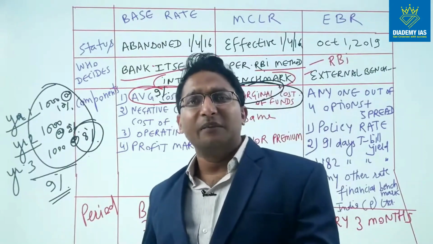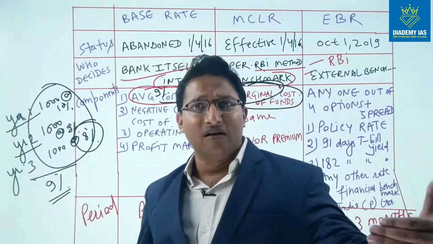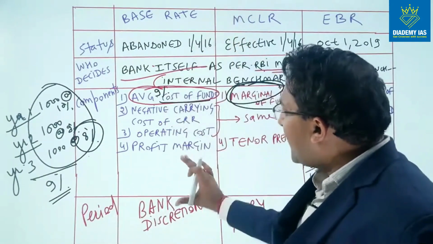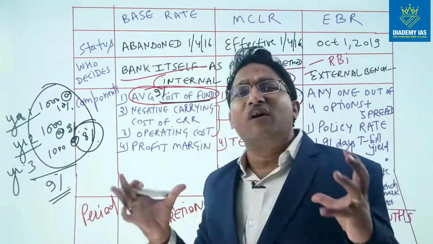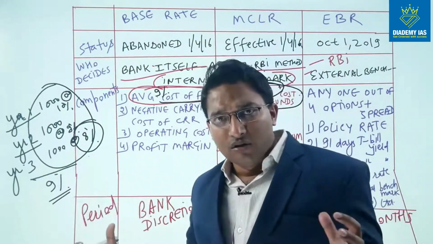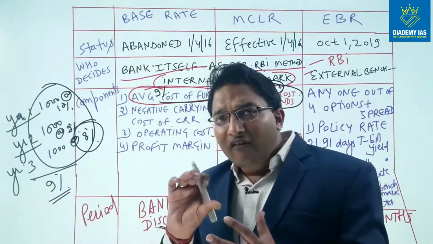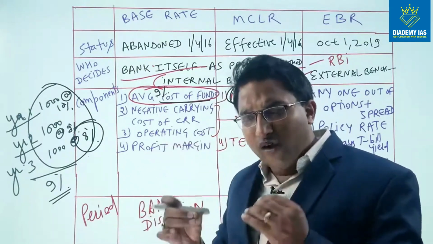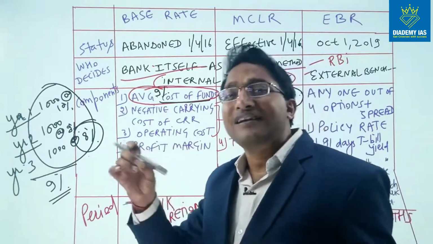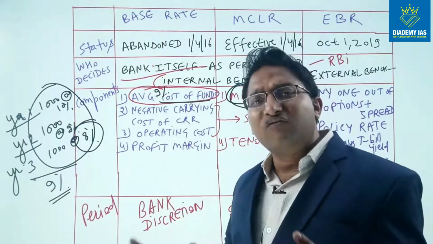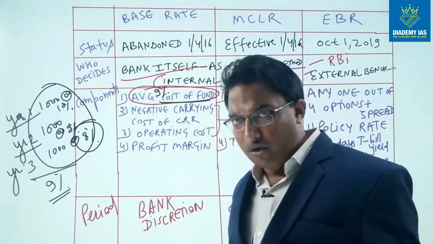In other words, let me give you another point of view. In case of base rate, the total funds which are available with the bank and their cost, that is averaged, right? So the average cost of fund, total cost, whether the cost is of today's fund or the fund belongs to 10 years ago, 20 years ago, when the rate of deposit were very high, right? So all the funds are included, all the cost is included.